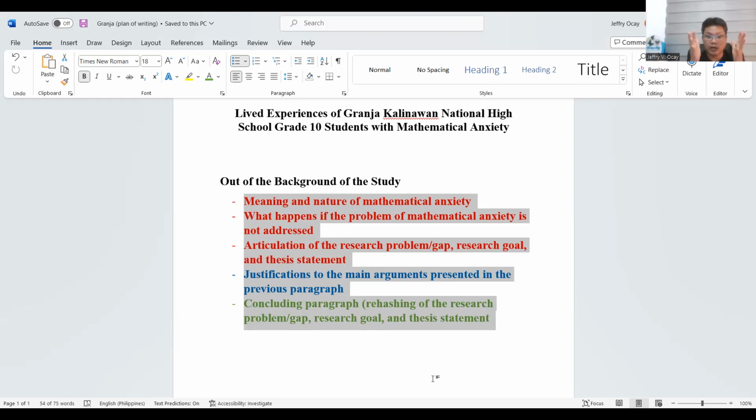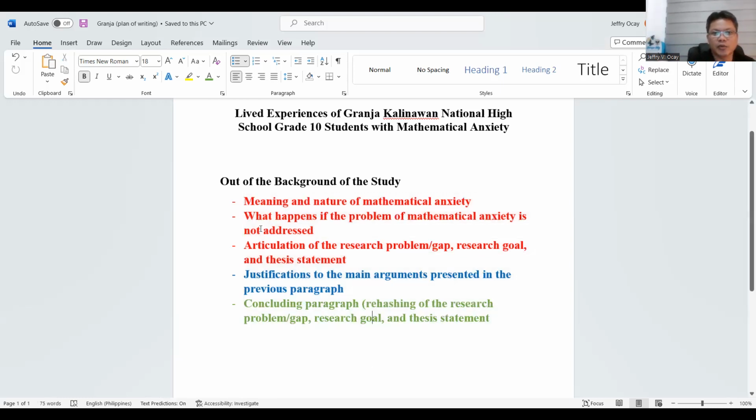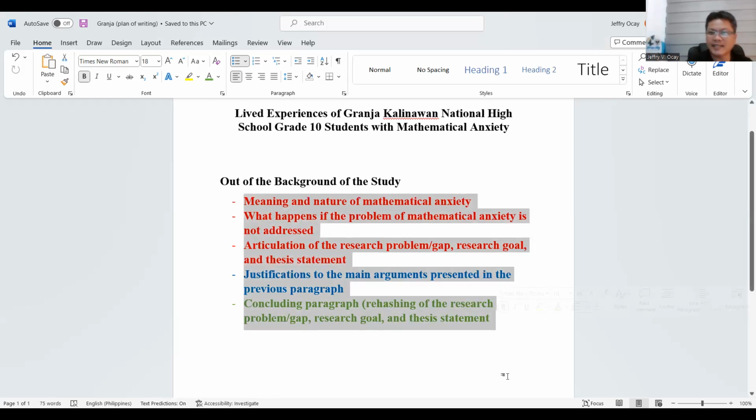What's important is we're able to explain all the major points that readers, thesis committee members, or panel members are looking for when reviewing the background of the study. So with this guide, my advisee is able to write her background of the study in a logical and coherent manner.